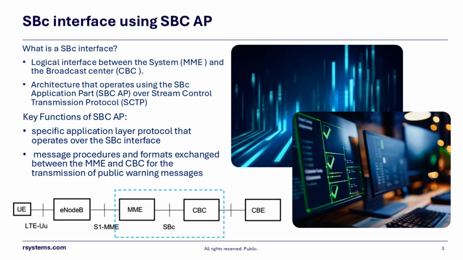Let's start by introducing the SBc interface using SBc AP. The SBc interface is the logical interface between the Mobility Management Entity, or MME, and the Cell Broadcast Center, or CBC. It defines the architecture used to transmit public warning messages in mobile networks.